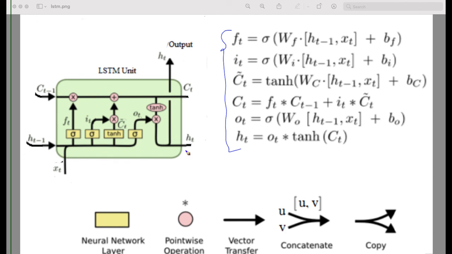The point to note here in LSTM is how they are different from the RNN. What we are able to do is transmit the CT minus 1 as it is to CT. That means we are able to short circuit this.